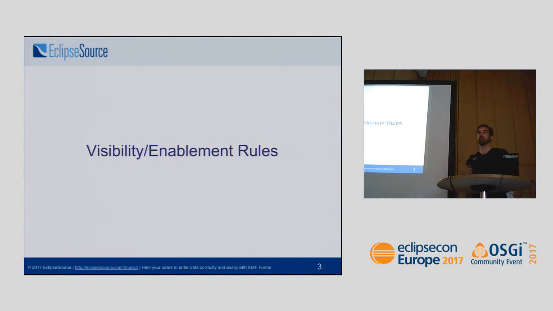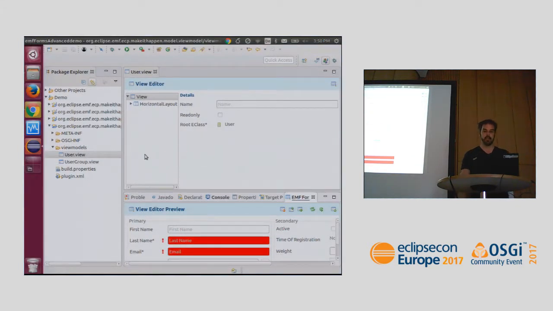So if the user has said A in one field, then you don't want to show field B. If you manually code that, that's really ugly to do because you have dependencies between your different UI controls then. In EMF Forms, you can actually describe those conditions in the view model, and the runtime will automatically resolve those conditions for you. So let's see how that works in practice.